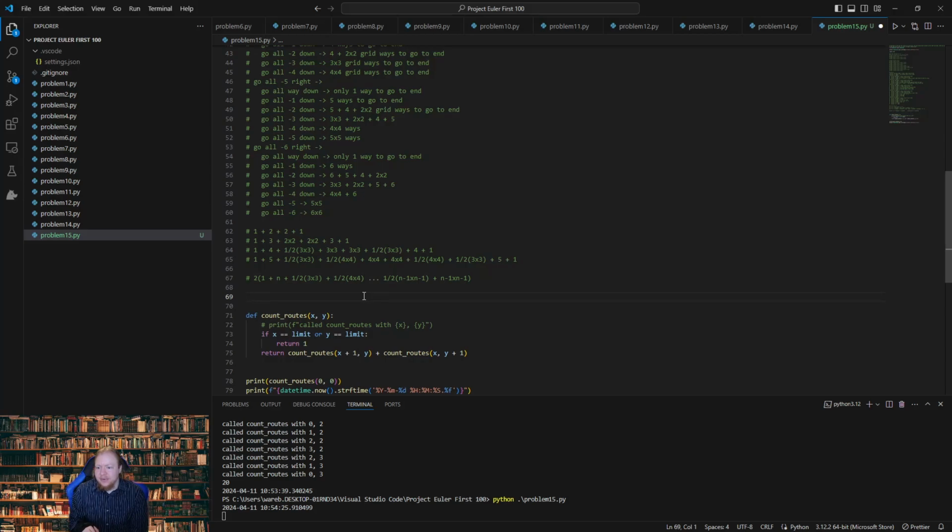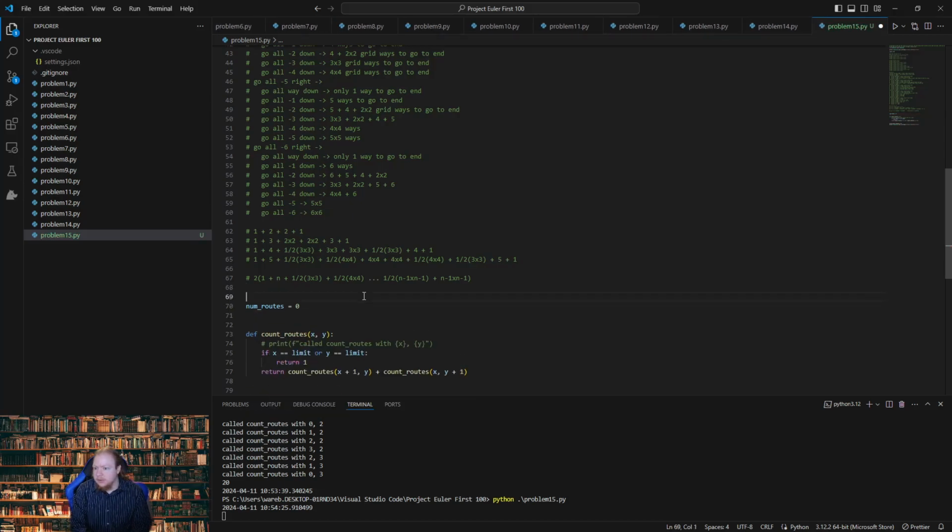Alright, so let's just type it out. Num roots equals 0, and actually roots per limit, or limit to roots.